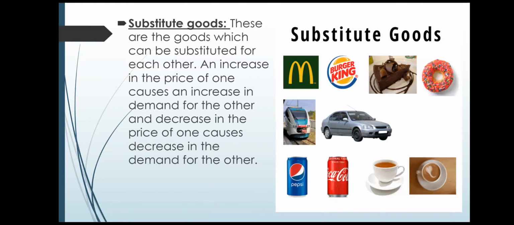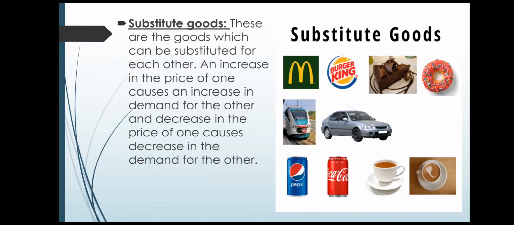In place of Pepsi, they can consume Coke. So whenever there is an increase in the price of one good, it causes an increase in the demand of the other. If there is a fall in the price of Pepsi, people are going to prefer to purchase Pepsi, and they will limit their consumption of Coke.